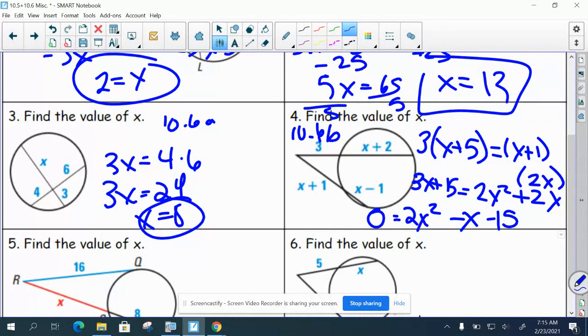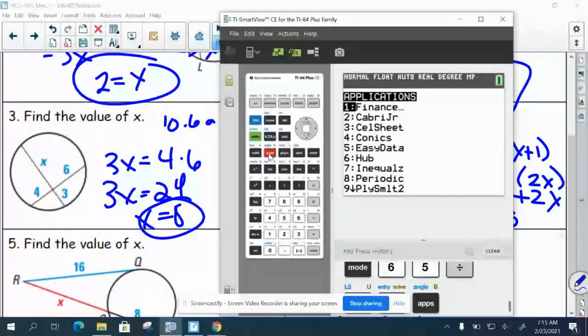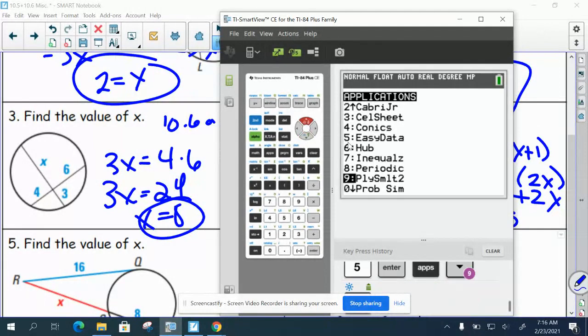Okay, you could factor this if you wanted to. It's definitely factorable. I don't know how many of you learned the AC method with factoring last year. But if not, let me show you how to do it on your calculator. So there's a button if you go into apps, and then you scroll down, I think it's PolySmlt 2.